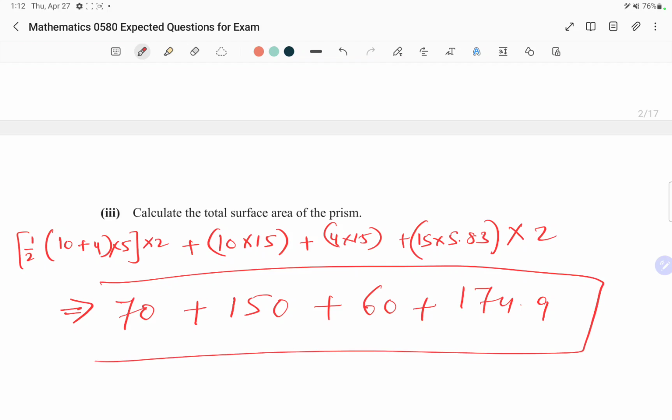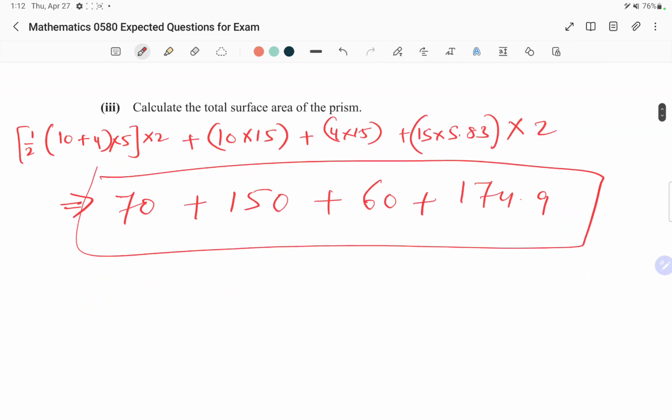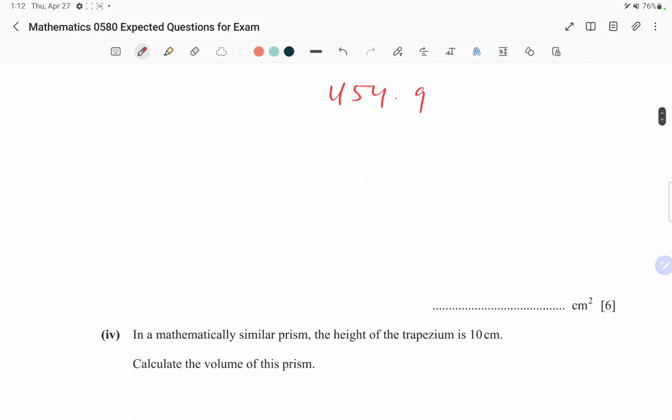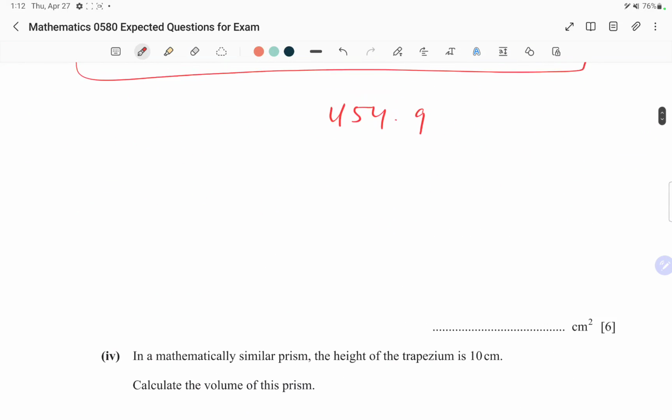Then we have to add all: plus 60 plus 150 plus 70. What I got is 454.9, right? So this should be the answer, 454.9.